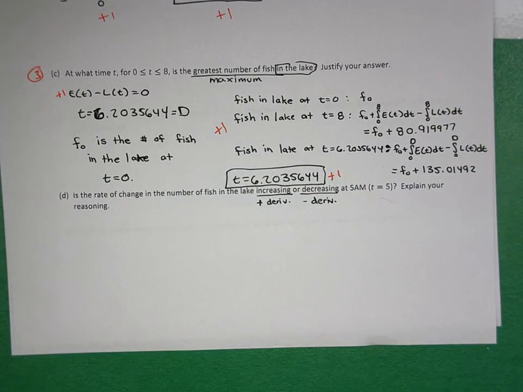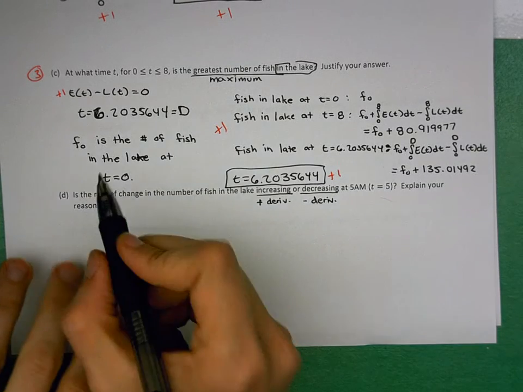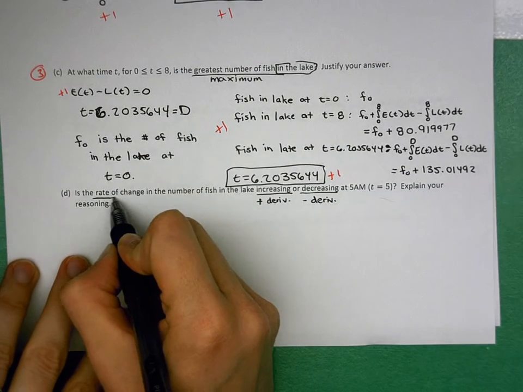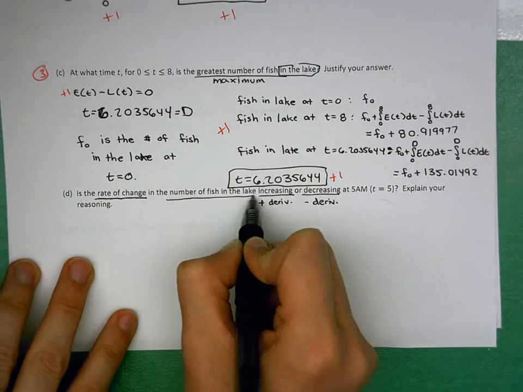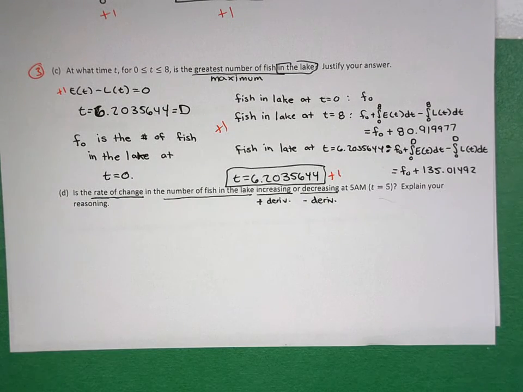What are they asking me is increasing or decreasing? They're asking me, is the rate of change in the number of fish in the lake? Not is the number of fish in the lake increasing or decreasing. That's E of t minus L of t. That's the fish in the lake. But is the rate of change of the number of fish in the lake increasing or decreasing?